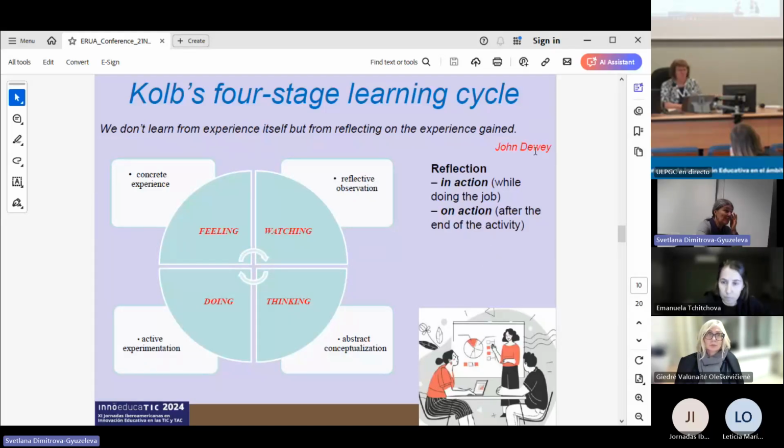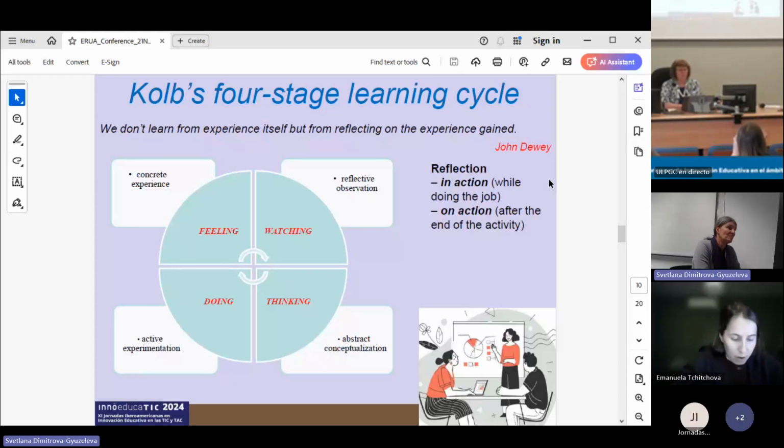You are probably familiar with the emphasis which John Dewey laid on reflection, and he argued that it's not from experience itself that we learn, through doing things, but mostly from reflecting on experience that we gain knowledge.